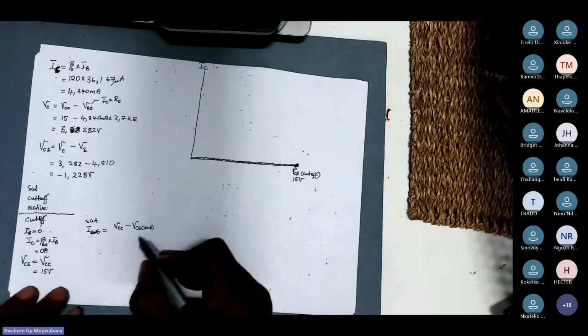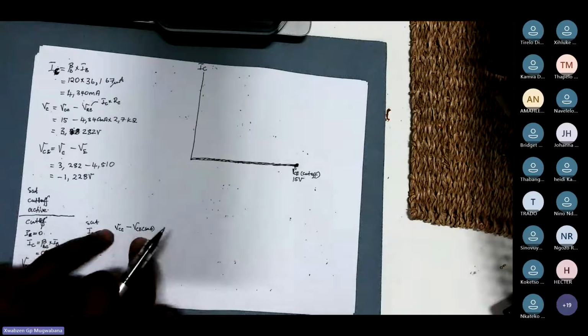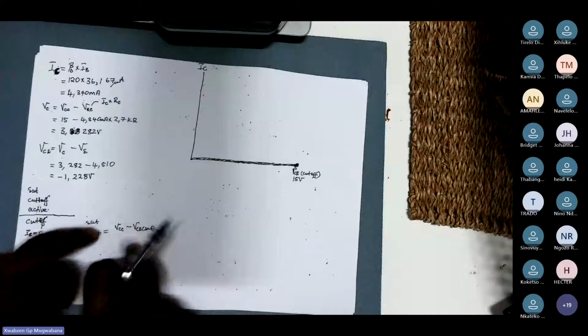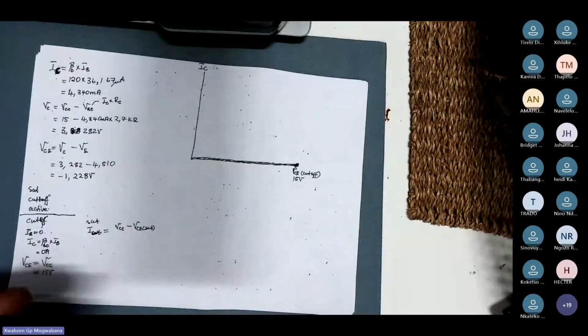VCE saturation is the voltage which is measured before you switch on the transistor. Do we understand each other on that part? Remember, this is happening before you switch on the transistor, which means while the voltage is gradually increasing, your transistor will remain at saturation. Am I making myself clear?